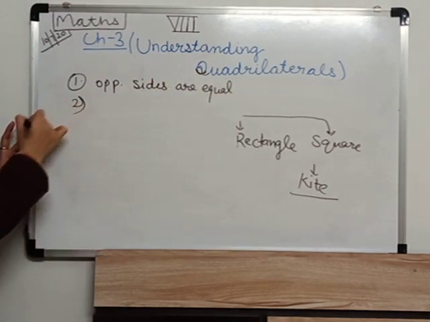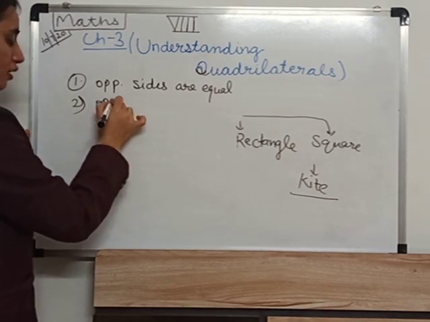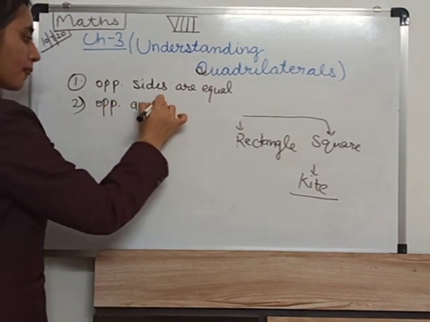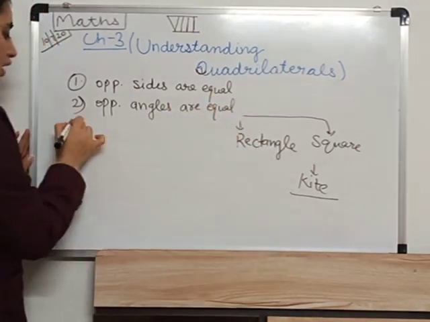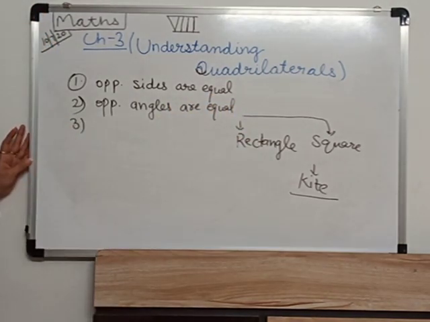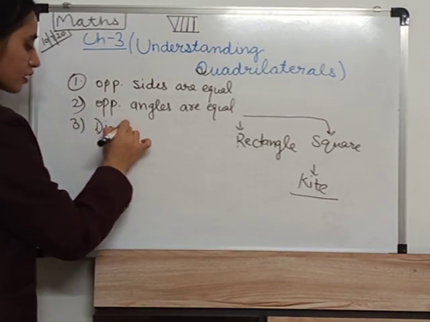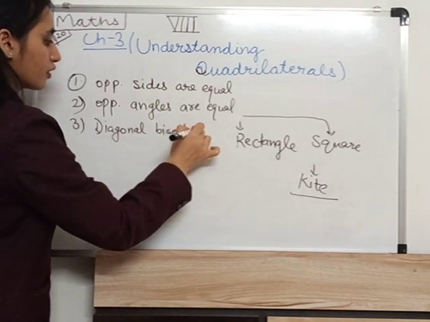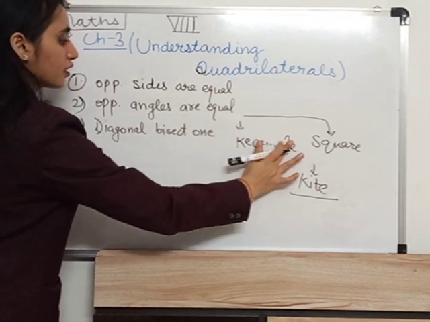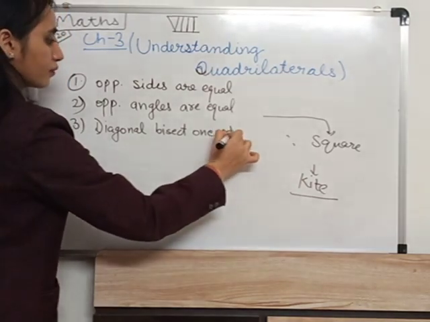Then opposite angles are equal. After that, diagonals bisect one another. These are three properties of a parallelogram.